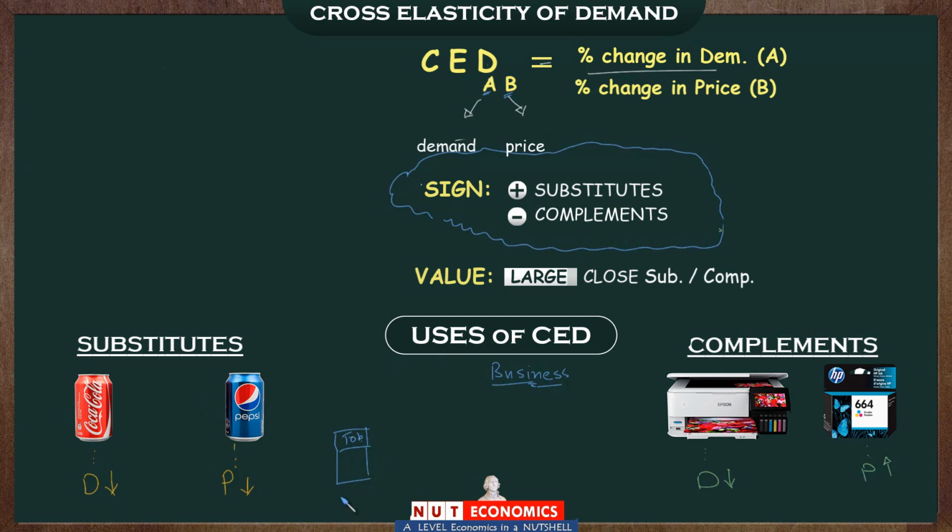But if you go to any modern tobacco shop, you will see that they are also selling soft drinks, ashtrays, and all the paraphernalia, mints, candies, chocolates. They're trying to sell all the things that consumers of cigarettes may also end up using with these cigarettes.